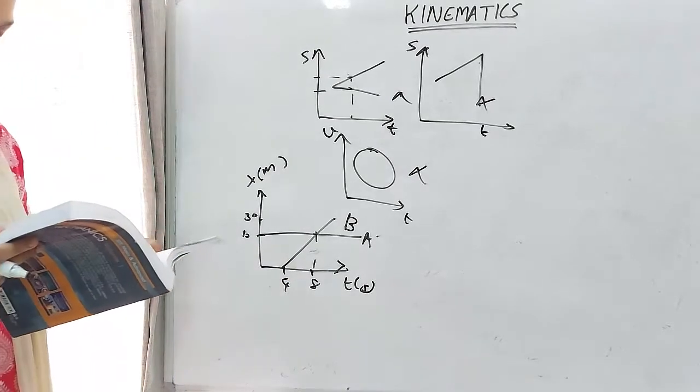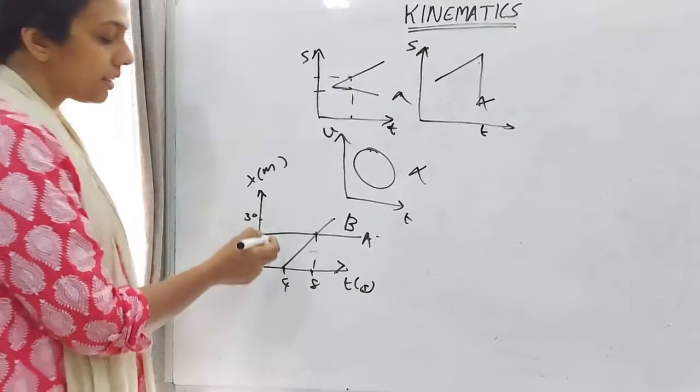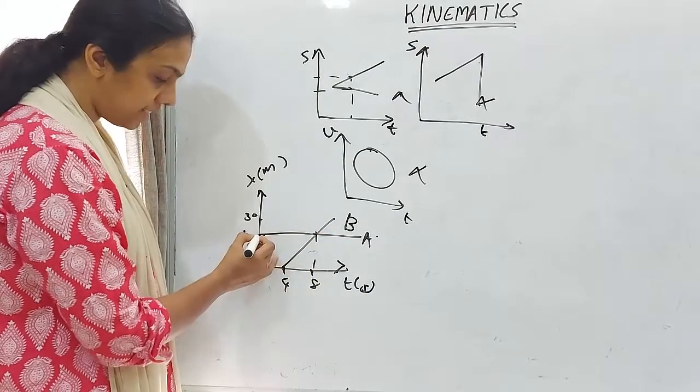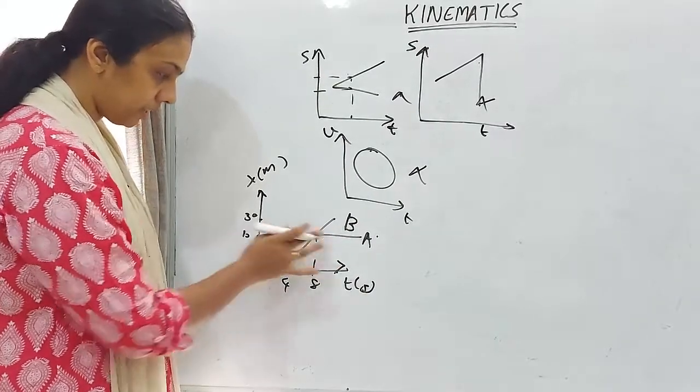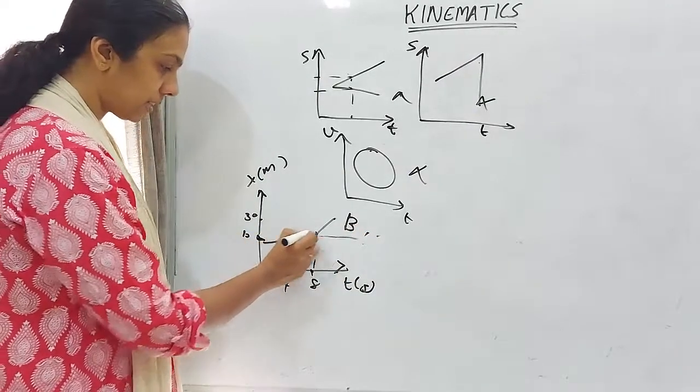So we find the time when the particles start their journey. A started at 10; it's not a straight line, I'll represent it like this.